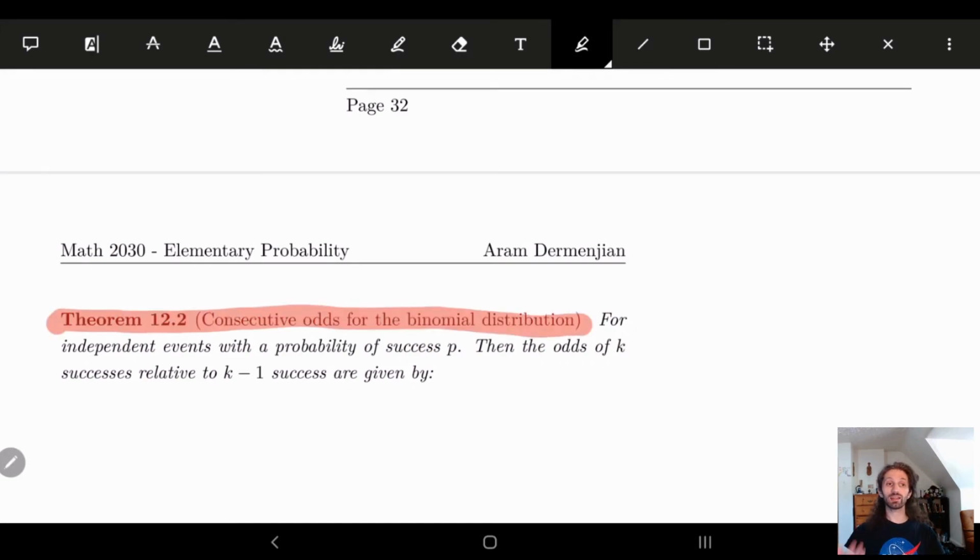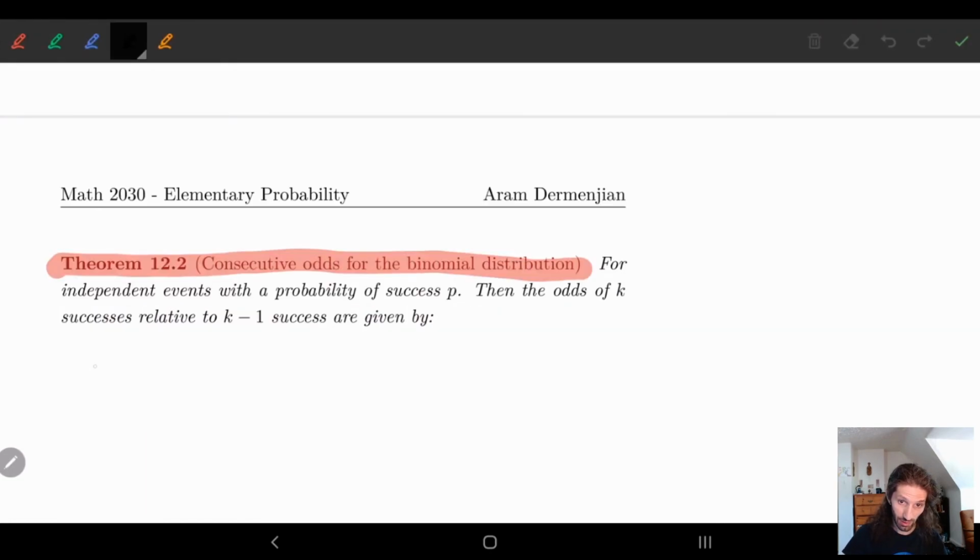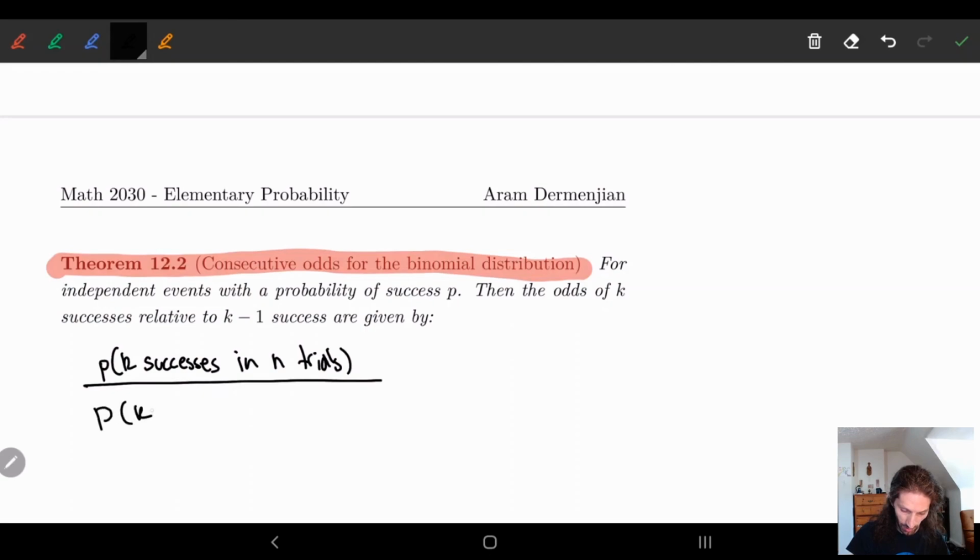So if I have n independent events, then the odds of k successes relative to k minus 1 successes is given by, if I write this down normally, the probability of k successes in n trials divided by the probability of k minus 1 successes in n trials. This is what we were doing above.